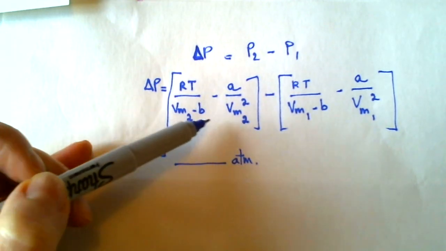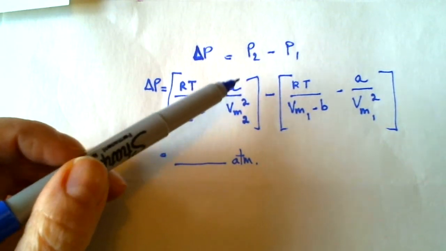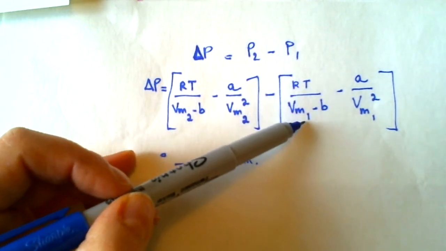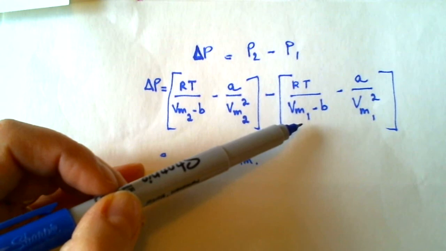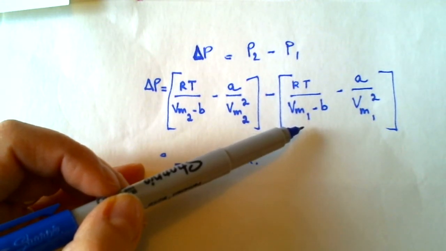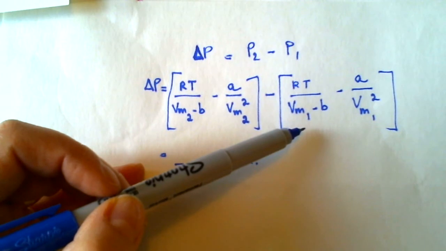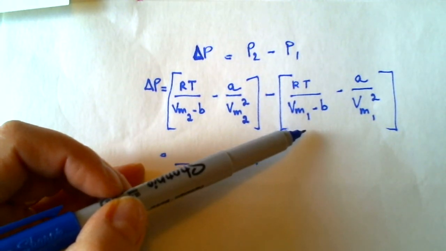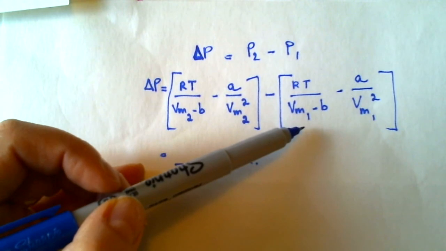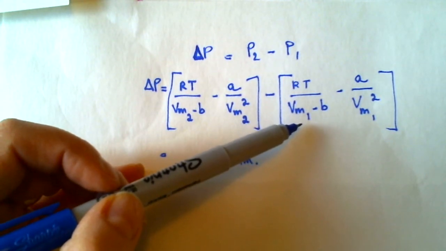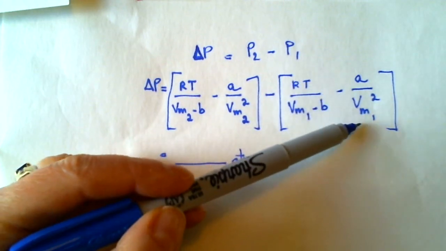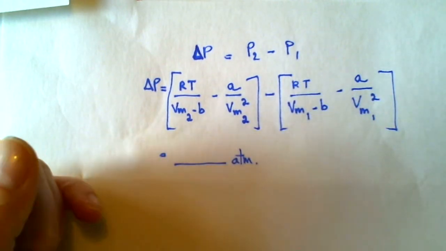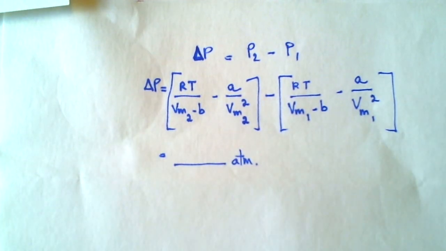Your molar volume again is this guy, but it's going to be squared. And then over here, everything's the same except your molar volume. Your molar volume in the second case is Vm2 divided by n. And I'm looking back, I thought we had figured out what that was. Yeah, it's 16.0 liters divided by n's constant, so 0.2805 moles. Same B, same A, and that molar volume again, but squared. And you should have an answer in atmospheres.